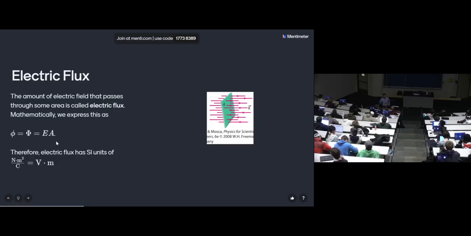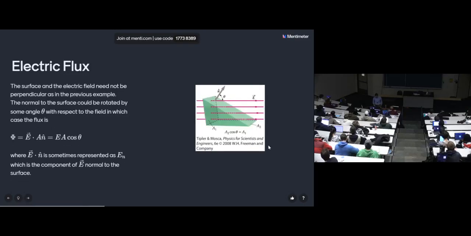Well, this very specific definition only works when the electric field is constant and when the area is perpendicular to the electric field. A problem arises even if the electric field remains constant, if instead we orient this plane right here, this light green plane, with respect to the electric field.